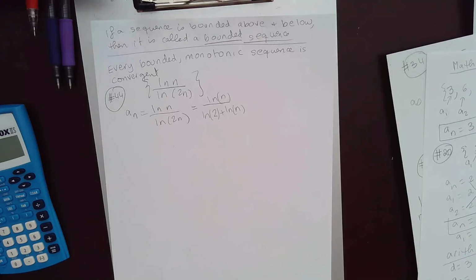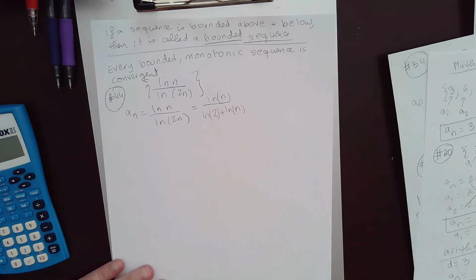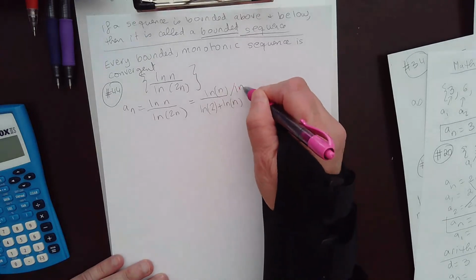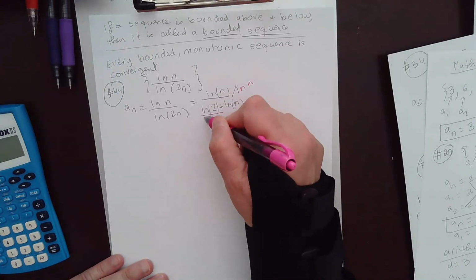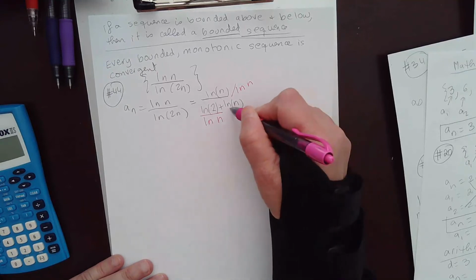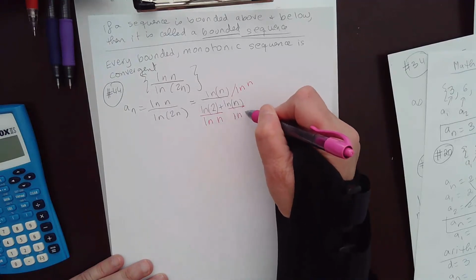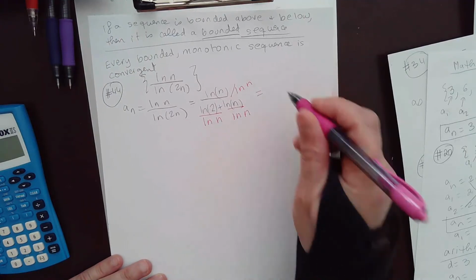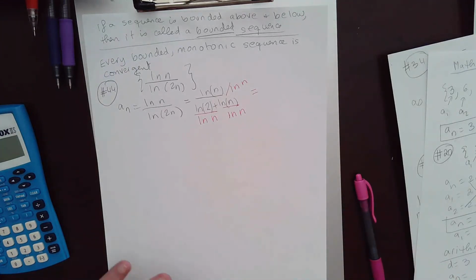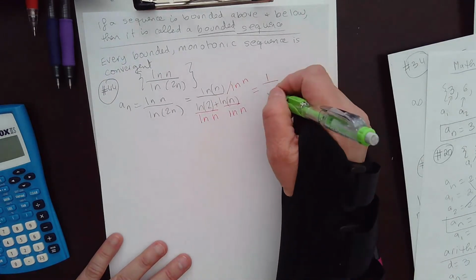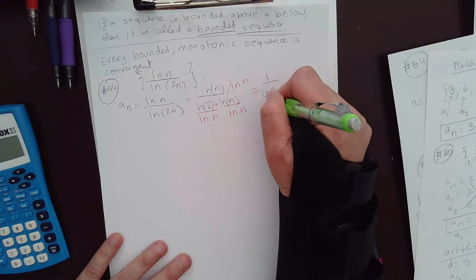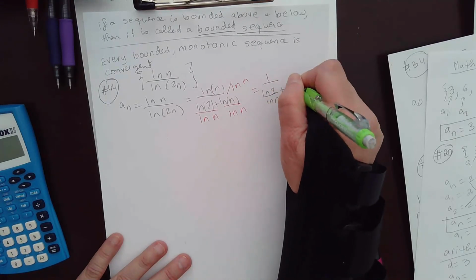Now, if we divide both the numerator and the denominator by ln n, what is that going to give us? This is 1, and this is ln 2 over ln n, and this is 1.